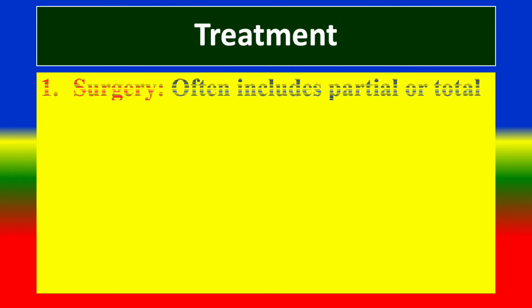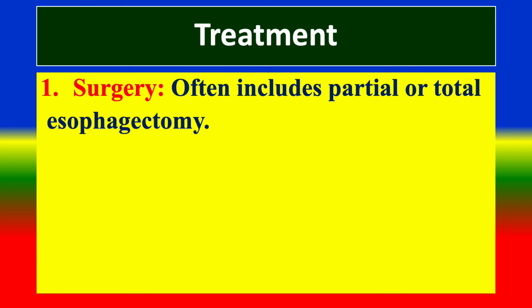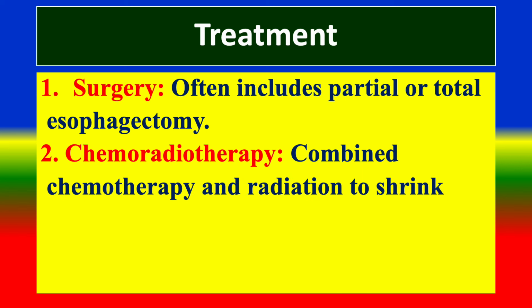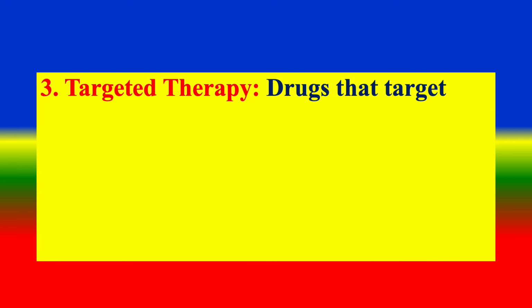Treatment options. 1. Surgery often includes partial or total esophagectomy. 2. Chemoradiotherapy, combined chemotherapy and radiation to shrink tumors. 3.